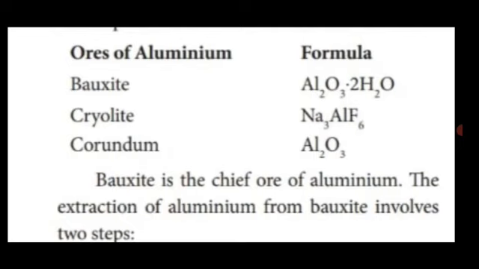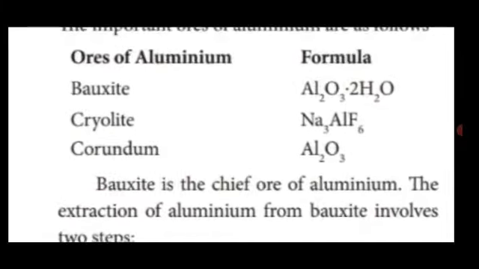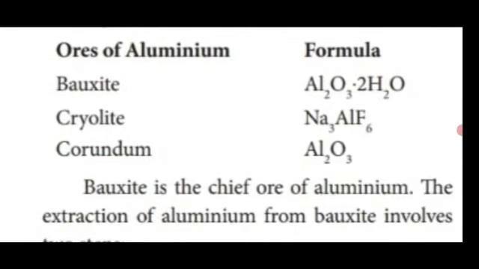Bauxite only gives more aluminium economically. The remaining, cryolite and corundum, give aluminium but in lesser amount, while bauxite gives more. So bauxite is the chief ore of aluminium.